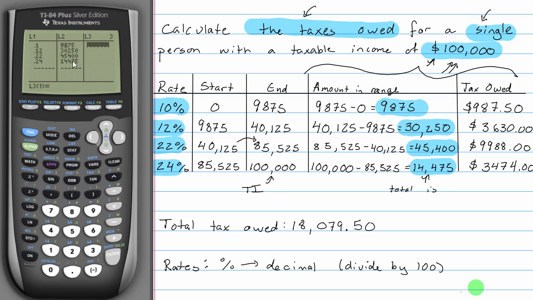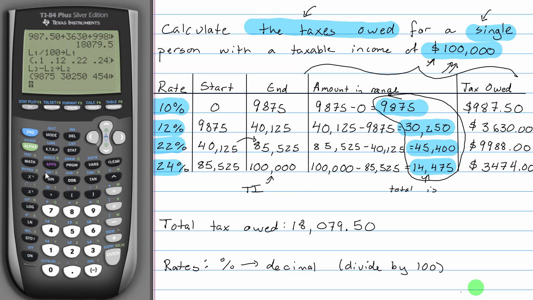Notice now that these numbers are the numbers that we got by hand. So now to find the taxes owed, I'm going to take the rates times the amounts.